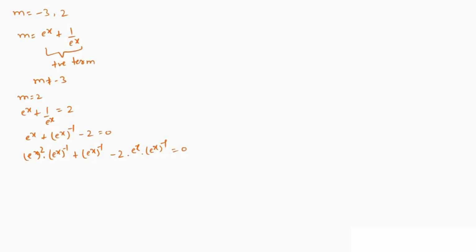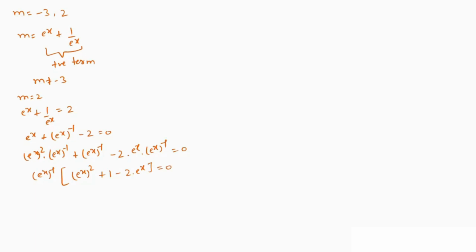On solving, or we can take e raised to the power x minus 1 common from the above equation, we get e raised to the power x, bracket 2 plus 1 minus 2 times e raised to the power x.